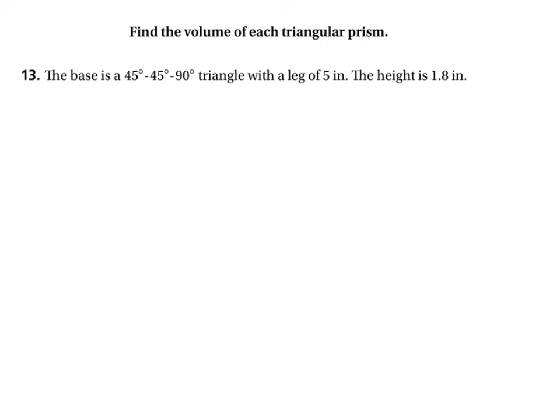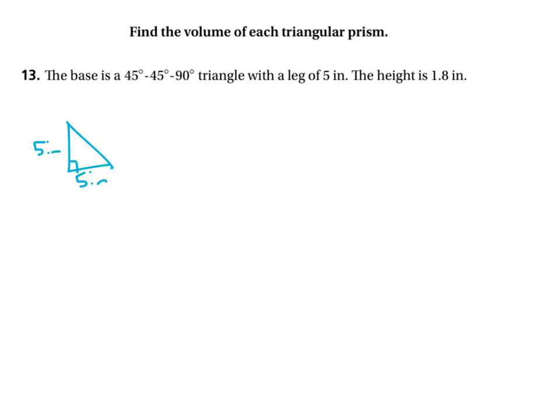So the base is a 45, 45, 90 triangle with a leg of 5 inches. I'm going to sketch it because I always think that it's a good idea to make a sketch. Okay? The base is a 45, 45, 90 triangle. And that means that if this leg is 5 inches, then this leg is 5 inches as well.